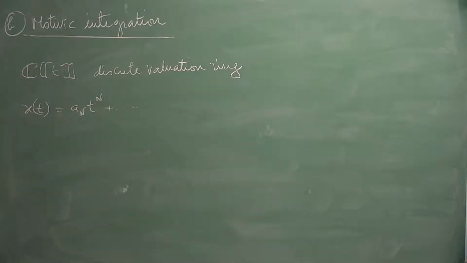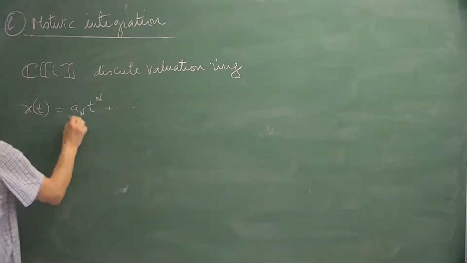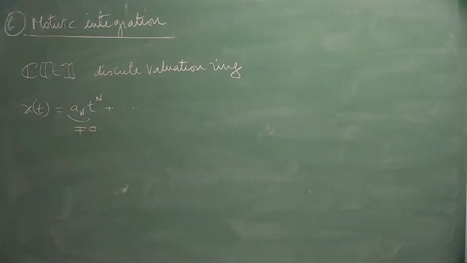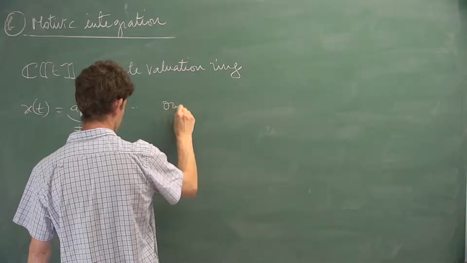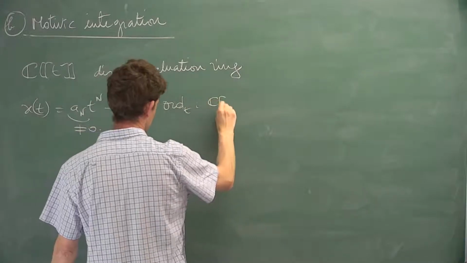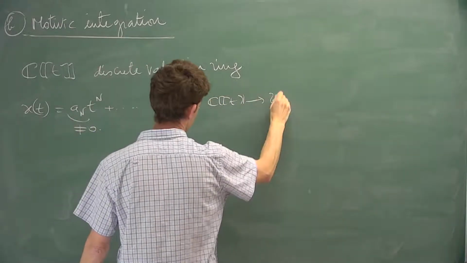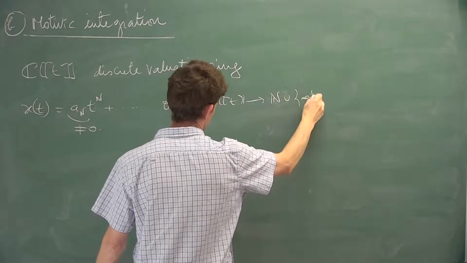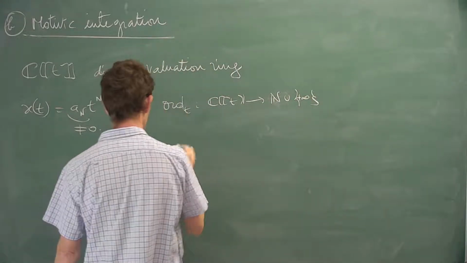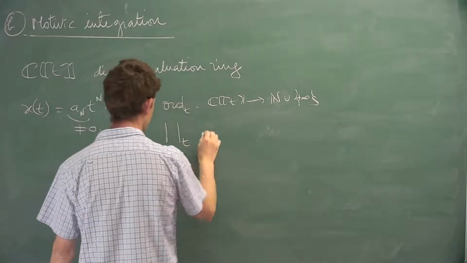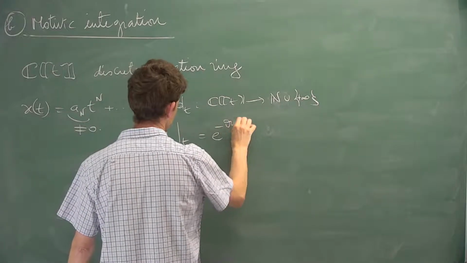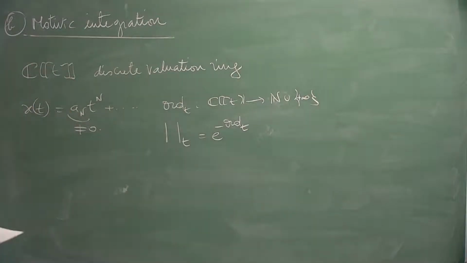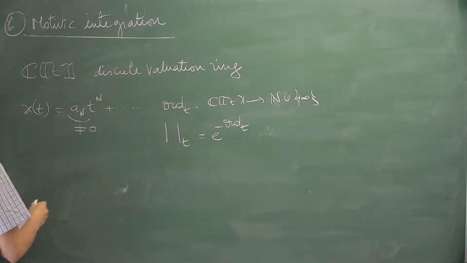I can write a formal series like this, where this coefficient a_n is non-zero, and this gives you a valuation and a p-adic absolute value, defined like this.